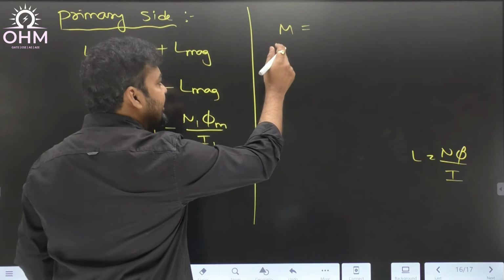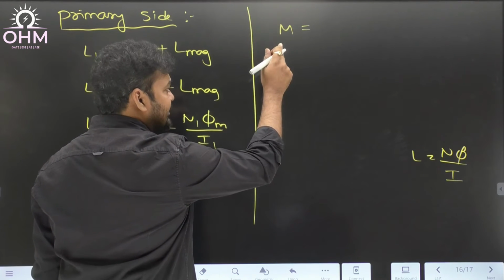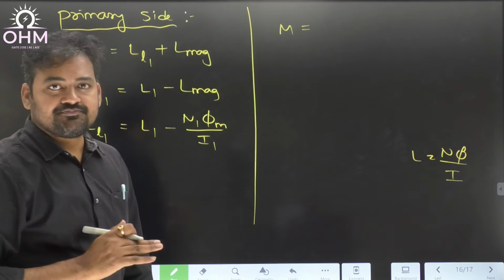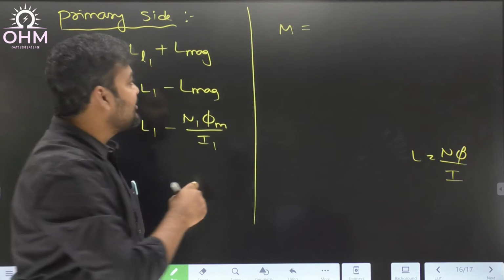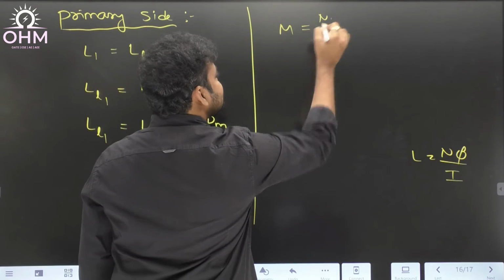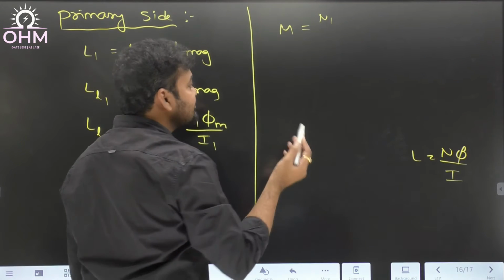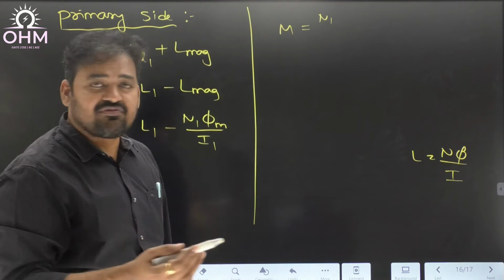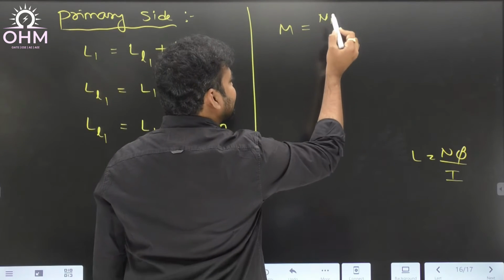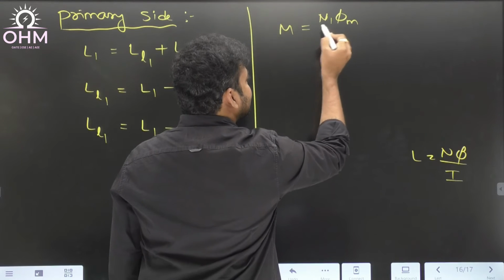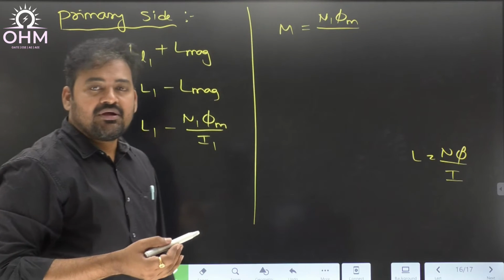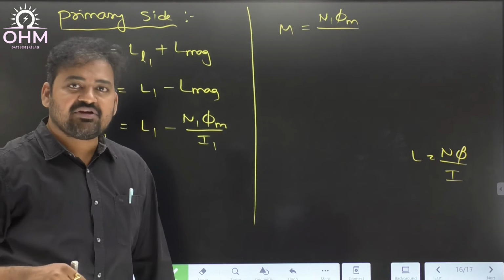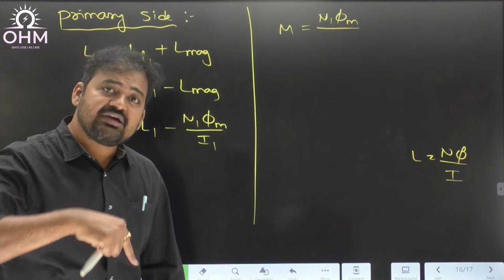Therefore, I am writing right now the mutual inductance with respect to the primary winding. With respect to the primary winding, it is the number of turns in the primary winding into the mutual flux, right? But which current do I have to use? Yes, the mutual induced EMF in the primary winding is due to the current carried by the secondary winding.